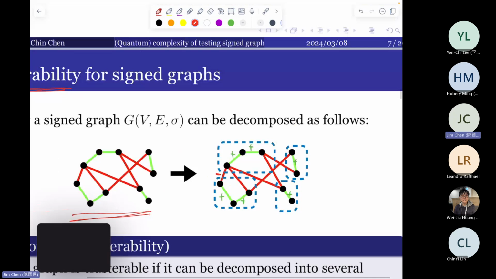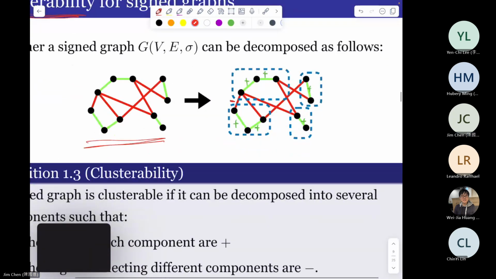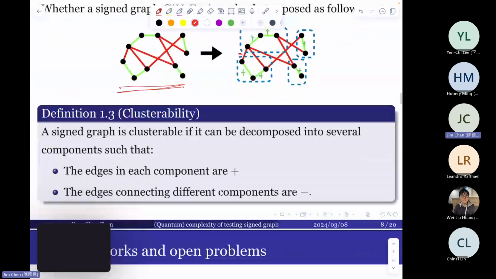Only in a sign graph we have the labeling, and so we can define the clusterability. This is the formal definition for clusterability.